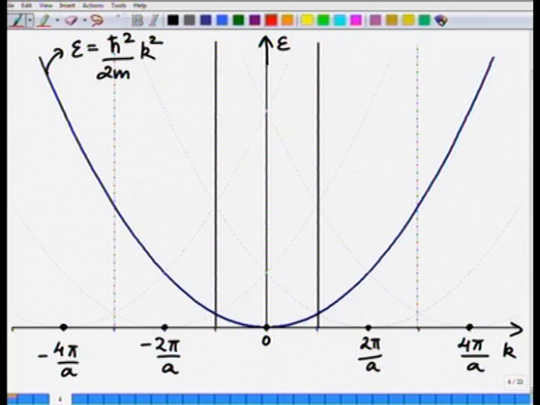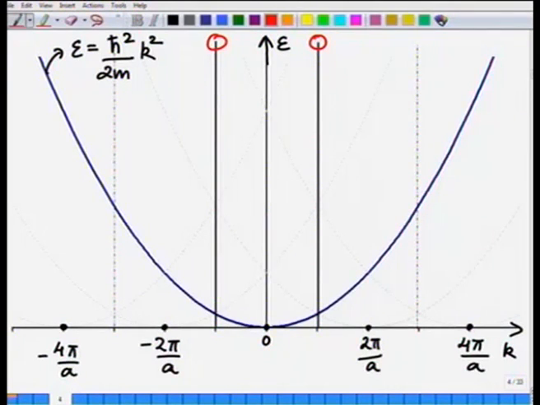Here is the parabola E versus k square. I am plotting this blue line, which shows a plot of E versus essentially h square by 2m k square. That is what this parabola has been plotted as. Now what I am showing you is that I have drawn 2 lines right here, this line and this line.